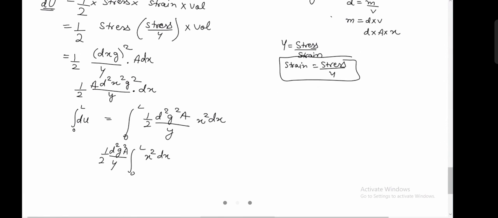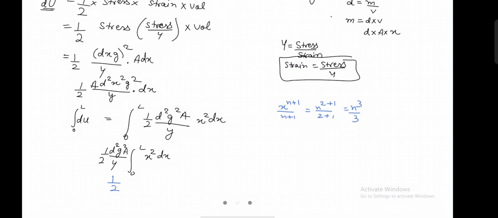While integrating, a very simple rule is that you write x^(n+1) upon n+1. In this case the power n is 2, so it's going to be x^(2+1) upon 2+1, or x cubed upon 3. We are going to replace this value over here, so it's going to be half, then d squared g squared a upon Y, then x cubed upon 3.